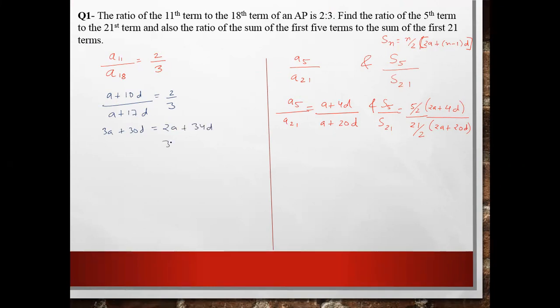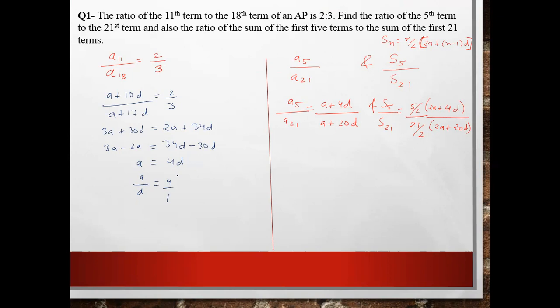Now, in the RHS, I'll be getting 34 minus 30D. In the LHS, I'll be getting 3A minus 2A. That means I've got a relation A is equals to 4D. Or because you have to find the ratio, I'll simply calculate A upon D as 4 upon 1.